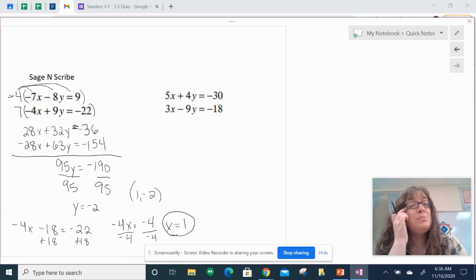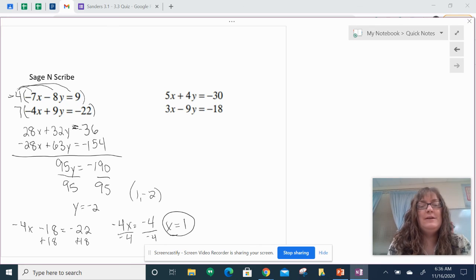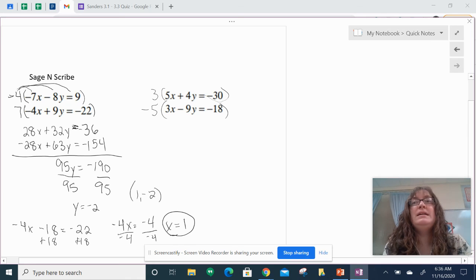All right, on this last problem, we won't do the whole problem again, but think about what would you multiply to get opposites? So 2 very good ways to do this one. I may multiply the top equation by 3 and the bottom equation by 5, and then realizing, I need one of those to be negative.